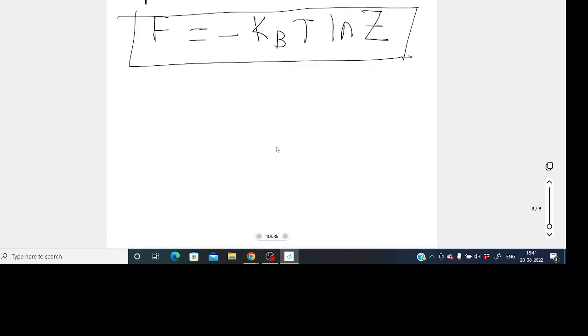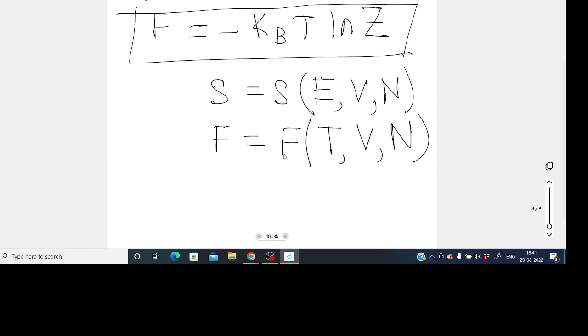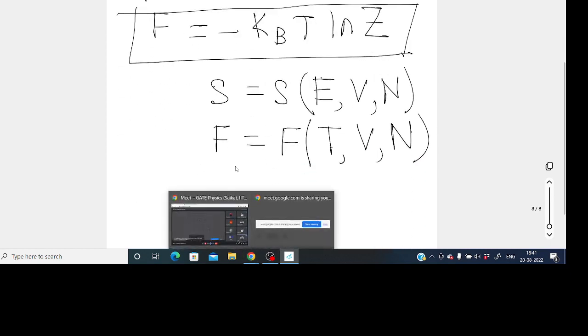We had the entropy as a function of E, V and N. Now this Helmholtz free energy will be a function of T, V and N. Now let's solve a problem, then we'll discuss later.